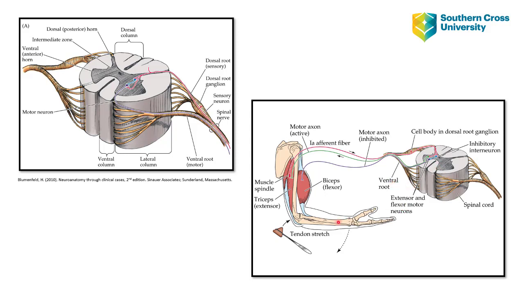And this is just a simple example of our tendon stretch reflex, whereby stretching the muscle spindle goes off, it comes in, and we cause direct activation or excitation of our alpha motor neuron pool of the stretched muscle. But at the same time, we need to modulate and keep silent the antagonistic muscles.